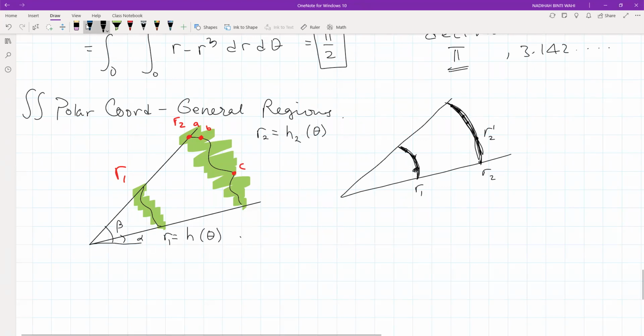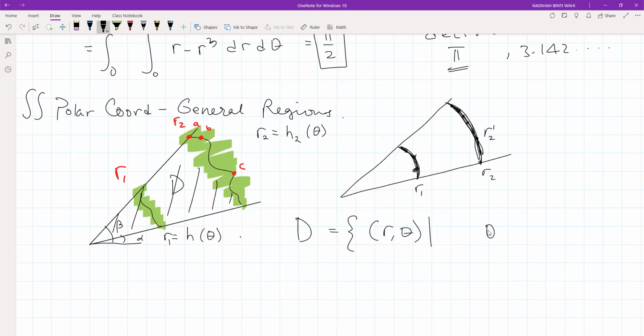So in this case, this region D, let's use D. D is a region of r and theta between theta alpha and beta, and r goes from H1 of theta to H2 of theta. So this is the region.